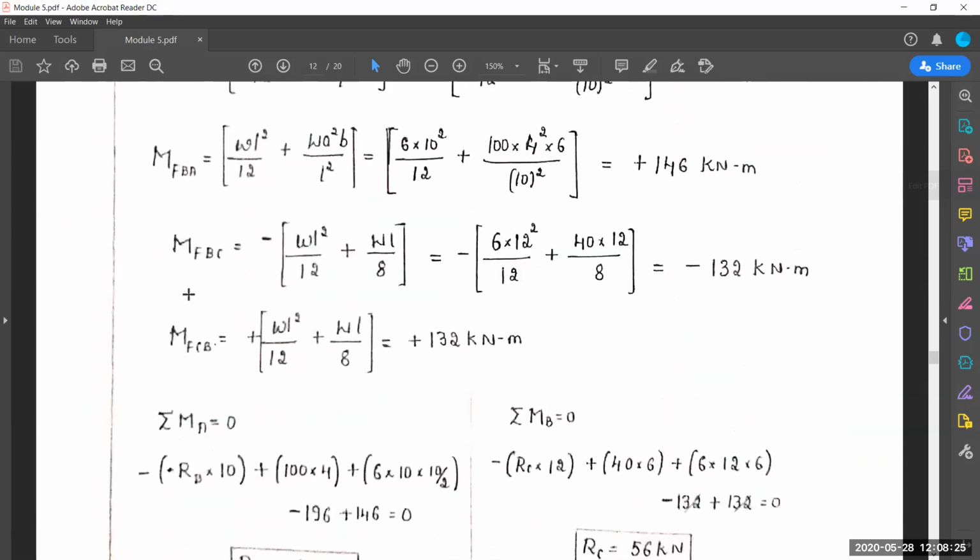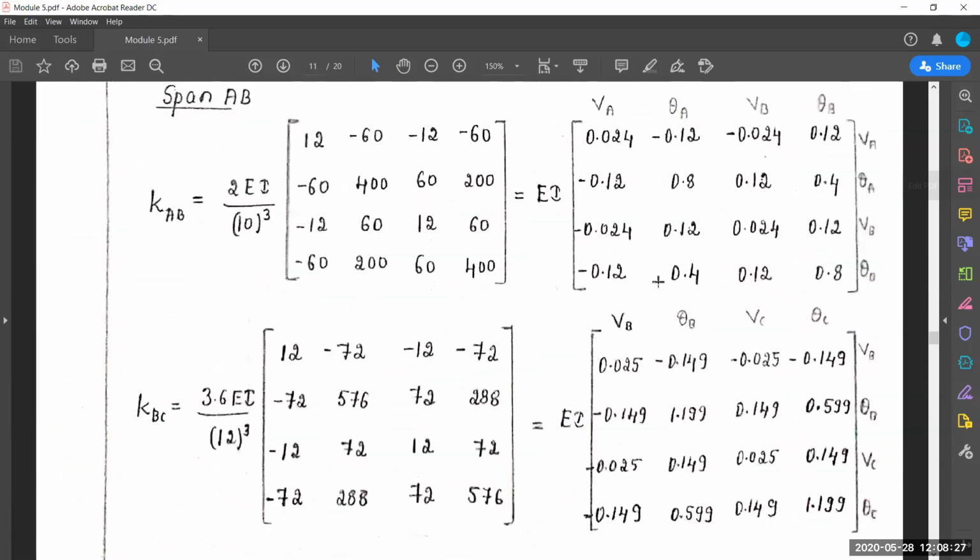Just look at the order given in the stiffness matrix. Theta A is nothing but rotation. Moment is also rotation only, no? It will turn the whole body. So either you can call it theta A or MA. First, I have given VA here. So that is the reason in doing the calculations for final forces also, VA should be first.